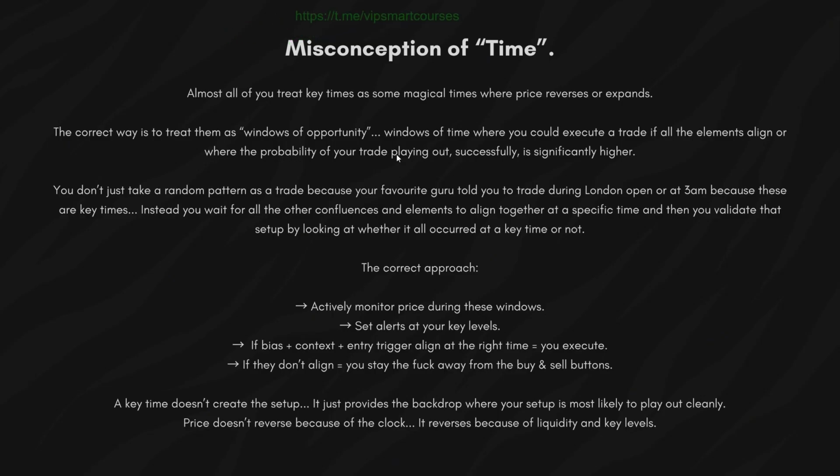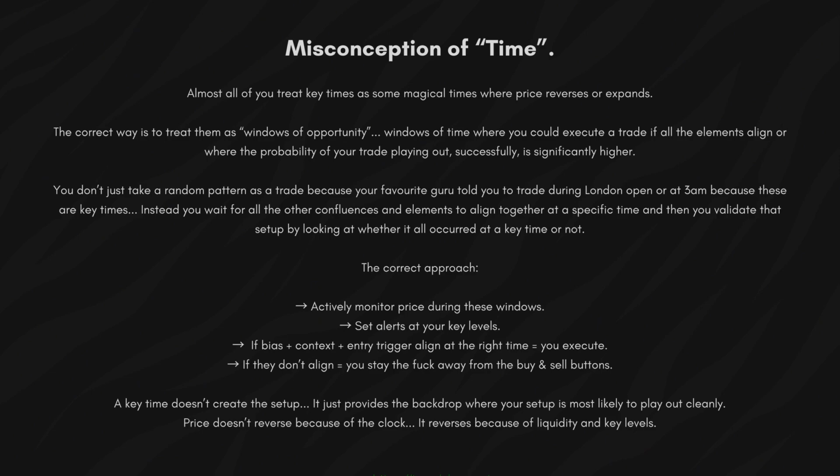You don't just blindly trade a random pattern or a random setup because it's the London Open kill zone or it's 3 a.m. Instead, you only trade and execute if the other elements are aligned with each other. And then a key time, or one of these windows of opportunity, only acts as a validation factor there and just validates the whole setup.